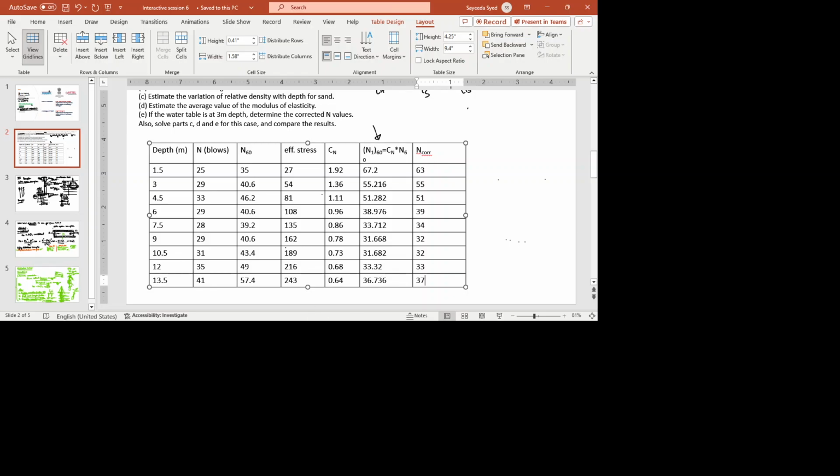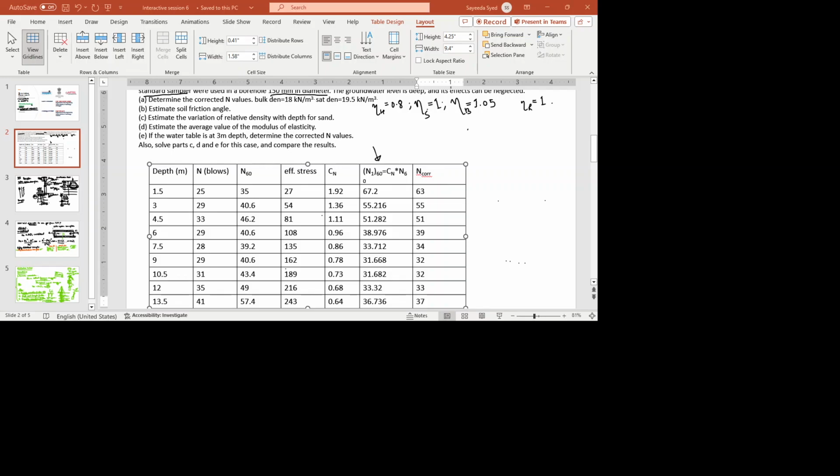So now, okay, so these are the corrected values. Now let us move on to the next part.